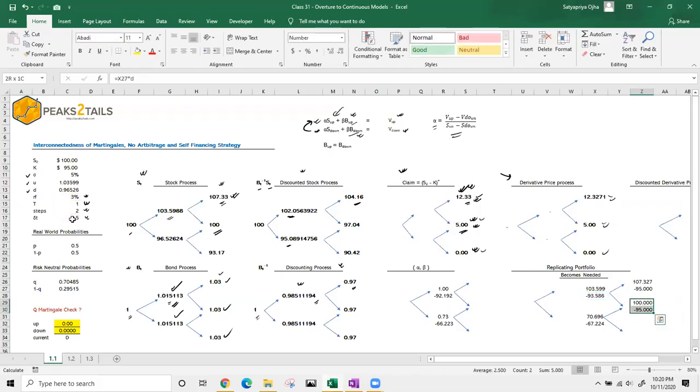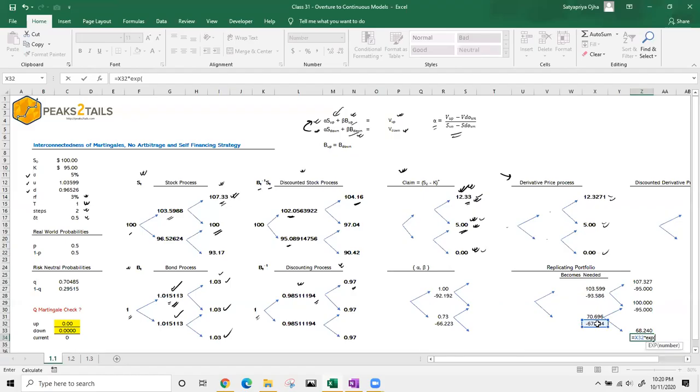And you can see clearly the sum should be 5, right? Which is the price of the derivative.